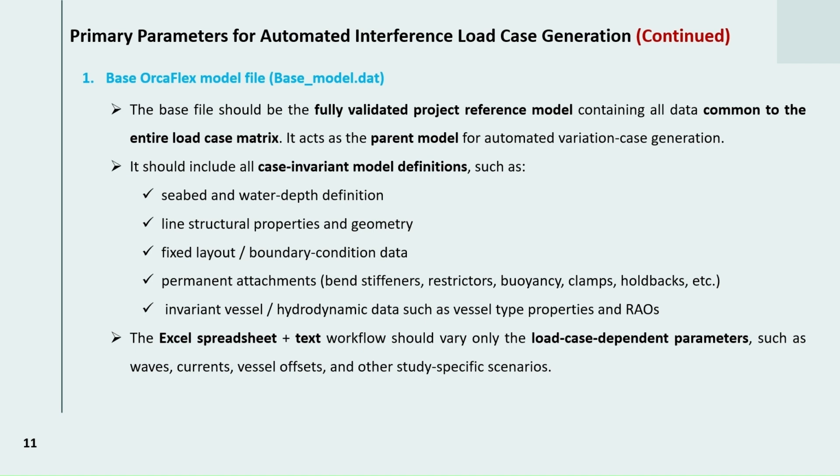Typical fixed inputs include seabed and water depth definition, line structural properties and geometry, fixed layout and boundary condition data, permanent attachments such as bend stiffeners, bend restrictors, buoyancy, clamps, holdbacks, and invariant vessel or hydrodynamic data such as vessel type, vessel type properties, and RAOs.